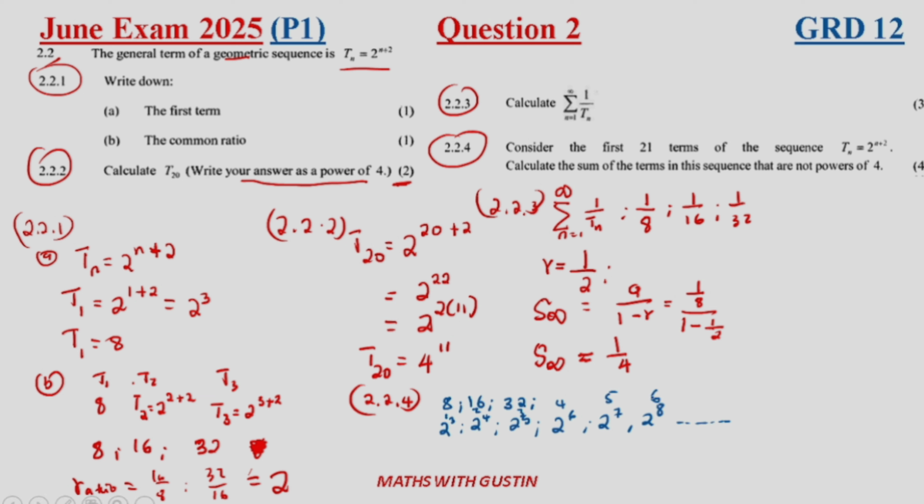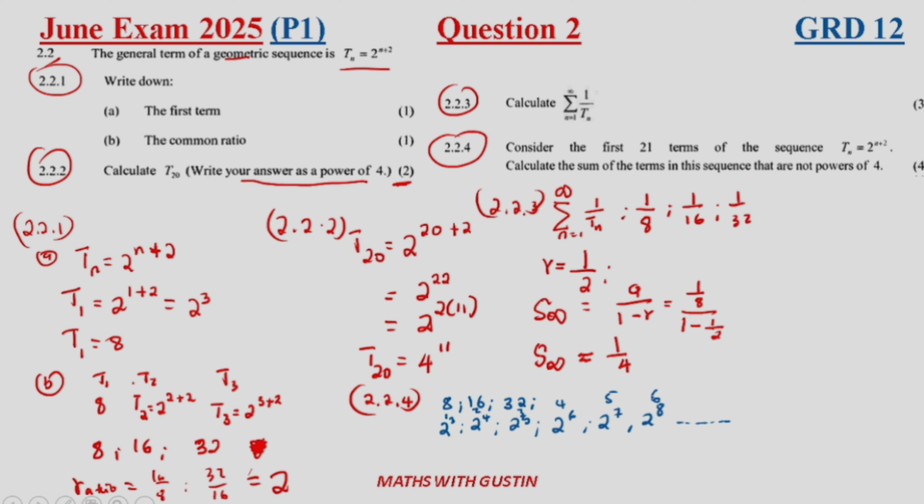All the terms that have an even exponent can be written as a power of 4.